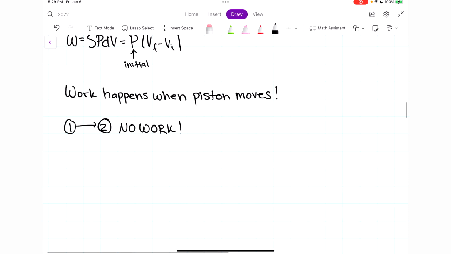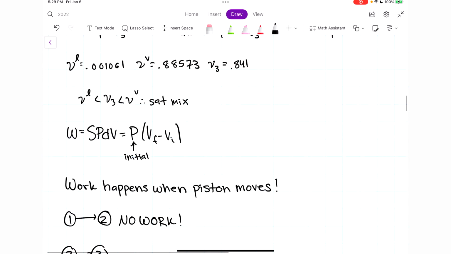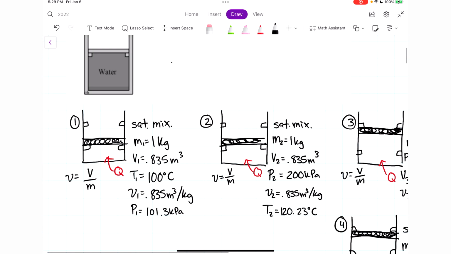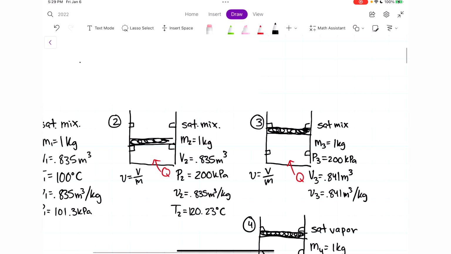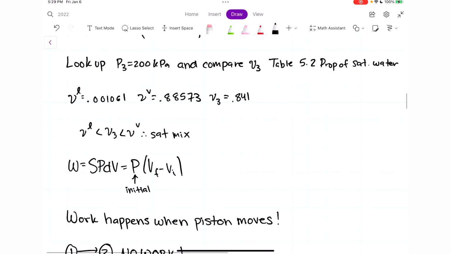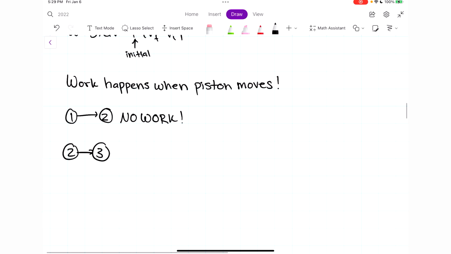Let's go ahead and check out state 2 to state 3. Does the piston move from state 2 to state 3? Of course. Yes, it moved from the bottom set of stops to the top set of stops. So we know that from state 2 to state 3, we have work because the piston moved.